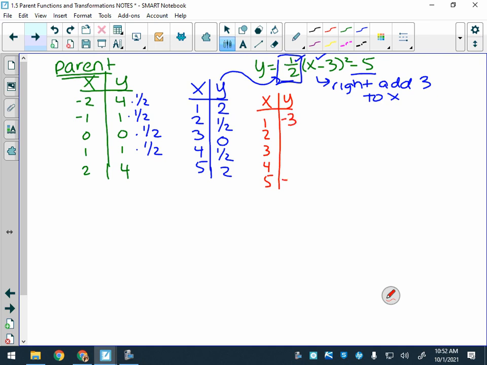And then we also know this is -3. And then 3, 0 becomes 3, -5, which is our vertex. Then you would subtract 1/2 minus 5, which is what? So those would be your new points.